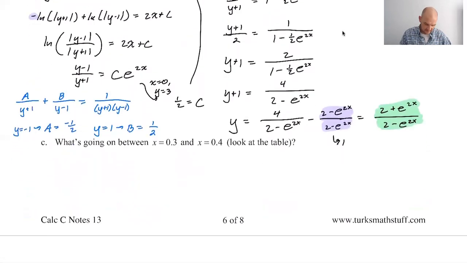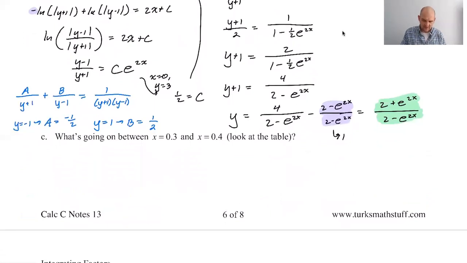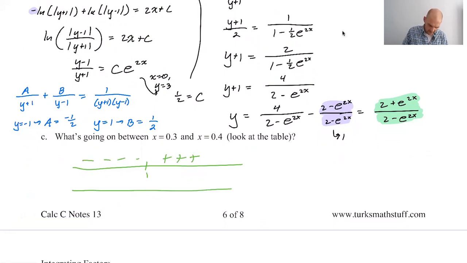I think we already answered this with the vertical asymptote thing. y − 1 is positive on one side of 1 and negative on the other, and y + 1 is positive on one side of −1 and negative on the other.